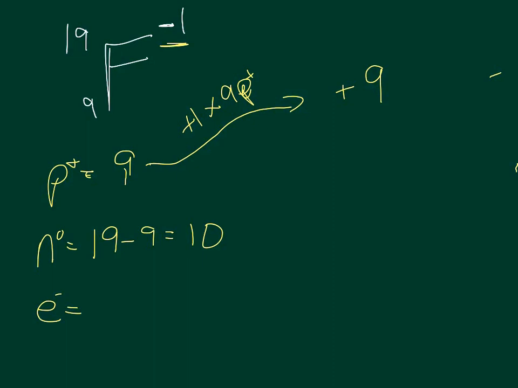Now the neutrons, they have no charge, so it's like 10 times 0, so I don't have to worry about them here. But I do have to worry about the electrons. So I have a plus 9 charge. I know the electrons are negative. I have no idea right now how many of them I have, but I know that when I combine the protons and the electrons, I have to be left with a minus 1 charge.